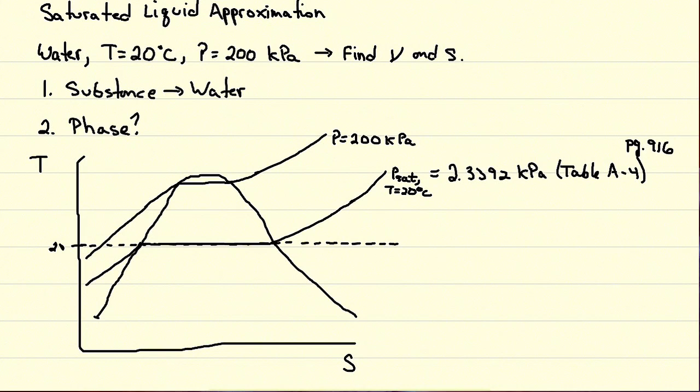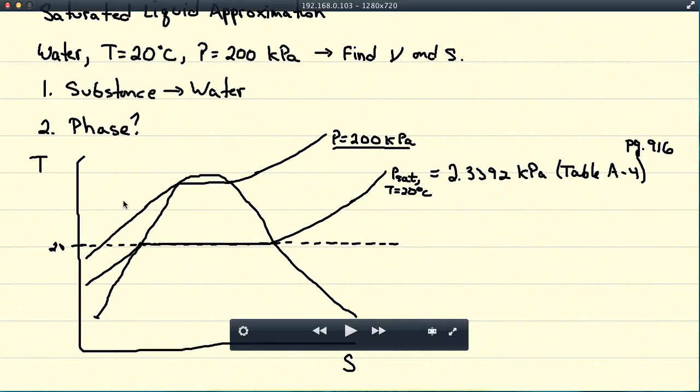Okay, that's helpful because now I know which phase I'm in. Everywhere along this line that I just drew, the pressure of the substance would be 200 kPa, so I'm somewhere on this line. But I also know that my temperature is 20 degrees C, so I'm also somewhere along this other line.